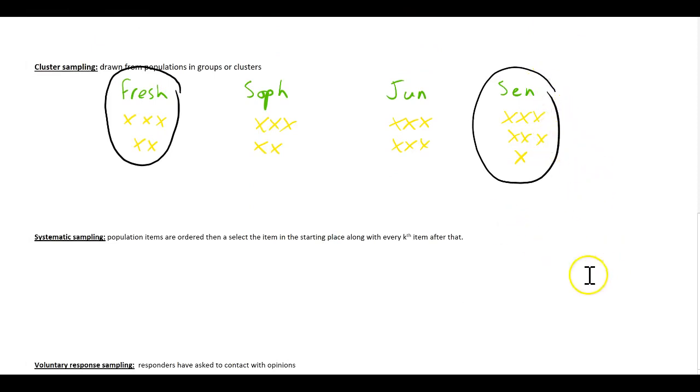Another group that we have is the systematic sampling. And when we're talking about systematic sampling, what we want to do is place the population items in order, then select the starting item along with every kth item after that.